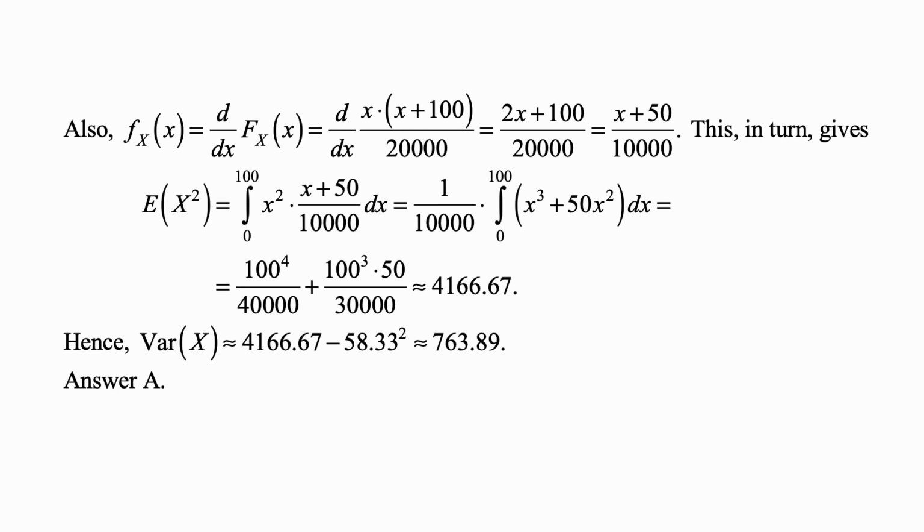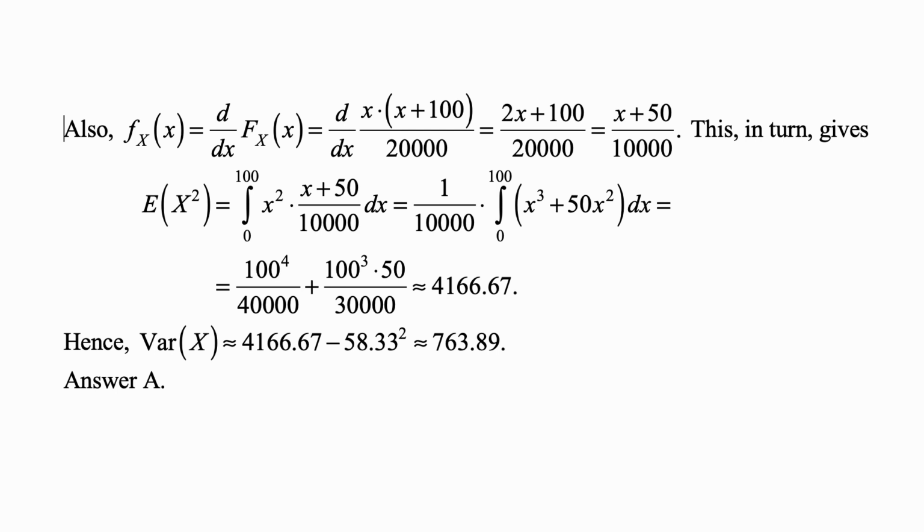So it's 1 over 10,000 times the integral from 0 to 100 of x cubed plus 50x squared dx. And the integral of x cubed is 1/4 x to the 4th, so 4 times 10,000 gives us 40,000. We evaluate from 0 to 100, the value at 0 is 0, so it doesn't matter.